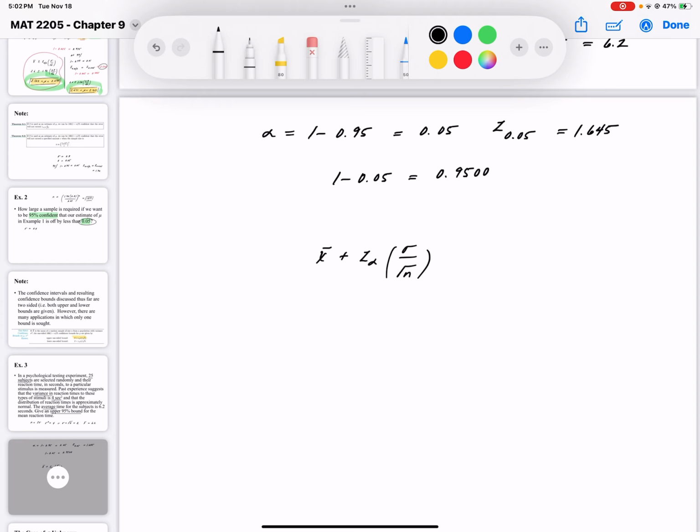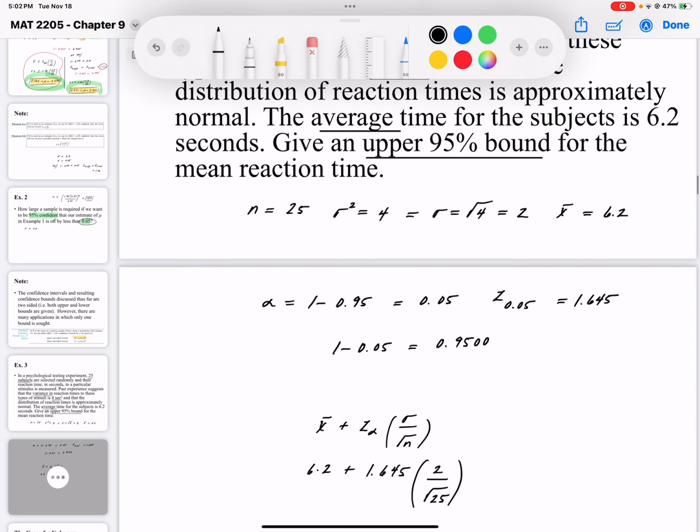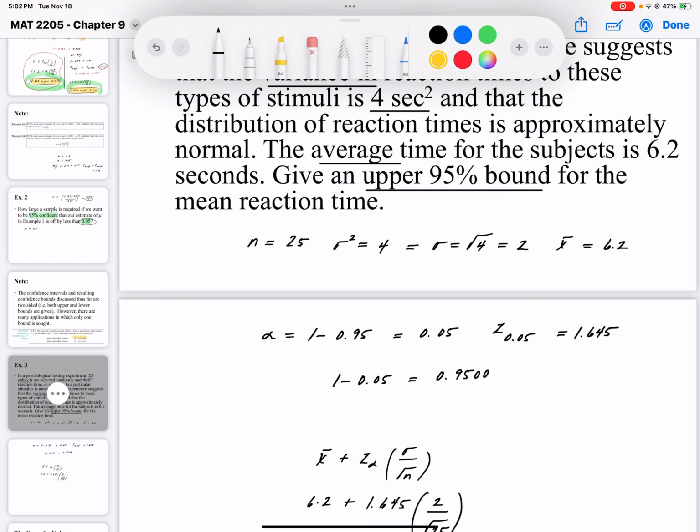So x bar is 6.2. Our z sub alpha value we just found to be 1.645. Sigma is 2. And the n value, 25. Just using all of the things we just found here, plugging them all in.